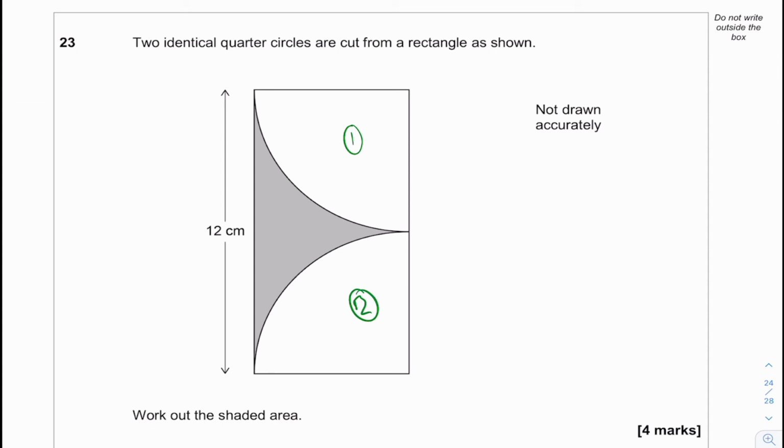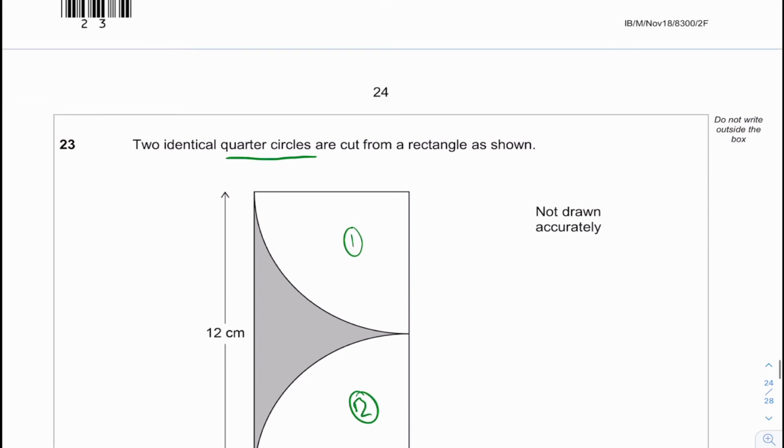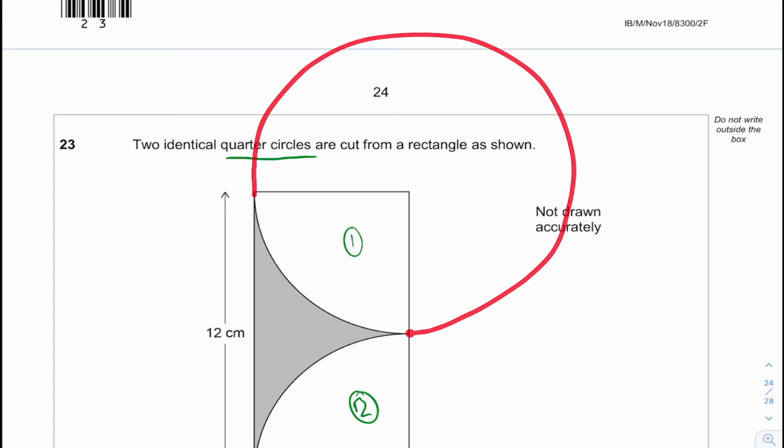Okay, so, and the important thing to note as well is these are quarter circles. So if we imagine what the whole circle would look like, just quickly doing that, we'd have something like this, okay? And from this we can clearly see that this length here is going to be the radius of the circle, as is this length here.